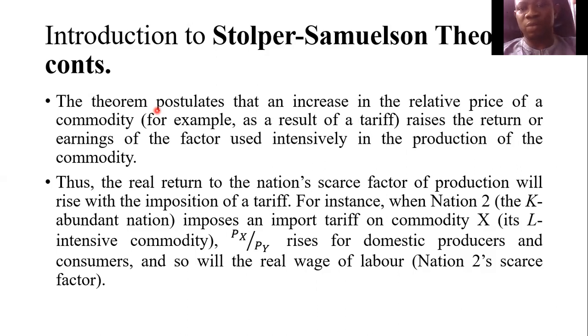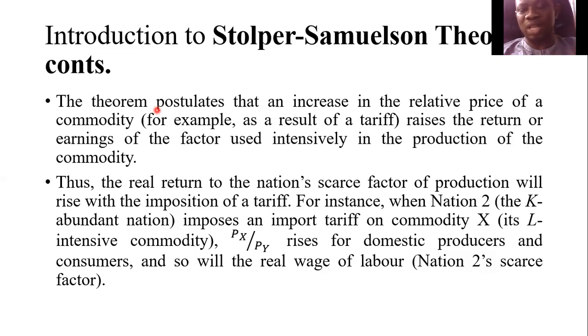If the price of automobiles increases locally, the factors that we are not really endowed with will be channeled towards the production of automobiles because of the increase in price. Meaning that we are going to produce less cocoa, and we are going to substitute the labor used intensively in the production of cocoa with capital that is not abundantly available in the Nigerian economy.